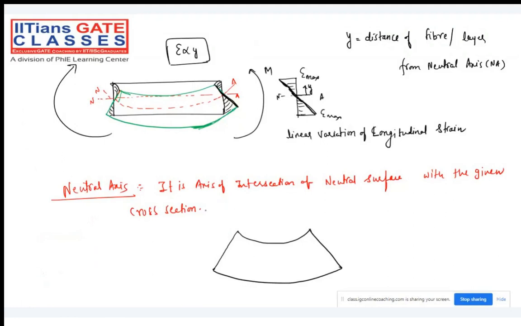Let me show one important diagram so that you can make a note of it. This is the 3D figure of the beam I'm making. After bending, it is going to look something like this.